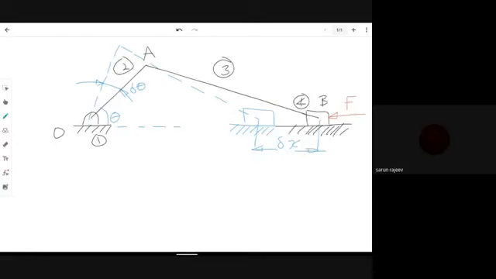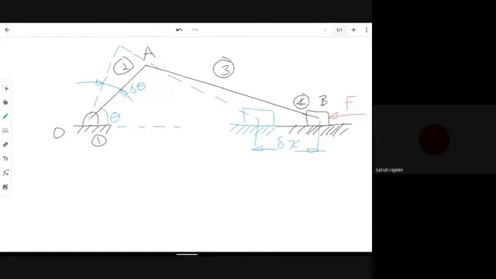Now see, the principle of virtual work can be stated as: the work done during a virtual displacement from the equilibrium position of a system is considered to be equal to zero. See, virtual work means imaginary work. So the principle of imaginary work states that the work done is zero, then only the work is said to be imaginary.